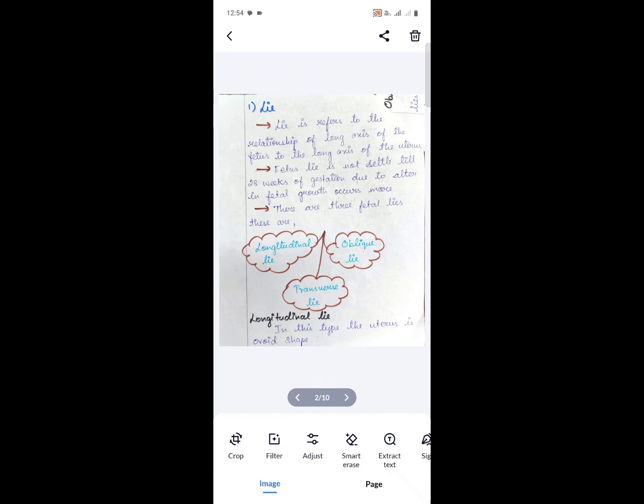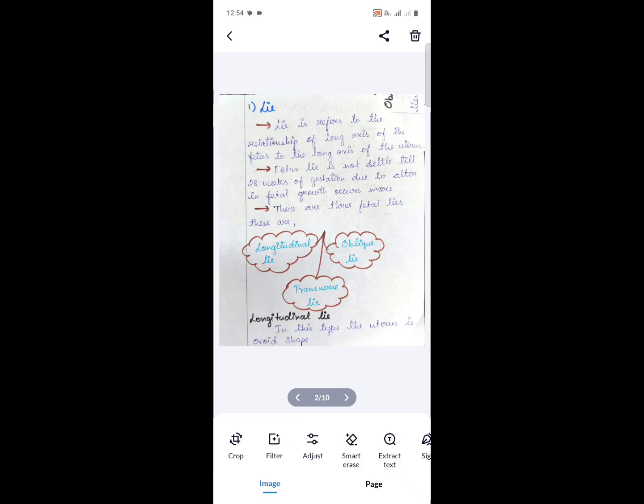When it reaches 28 weeks of gestation, the fetus grows to occupy the uterus more, day by day. By 28 weeks it is fixed in the proper position, which means the fetus has a proper lie.